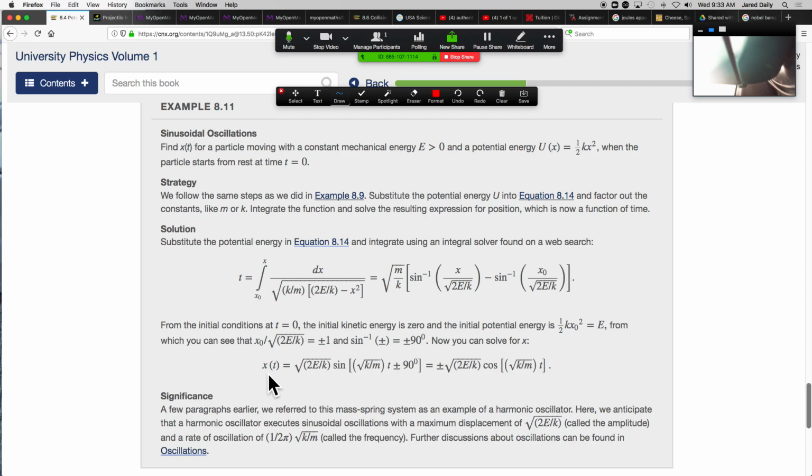They get the function x of t equals the square root of this constant, which is energy over the spring constant, and then the sine of the square root of the spring constant over the mass times time plus or minus this constant angle, 90 degrees. This is the solution for what we call a harmonic oscillator, something that we're going to deal with later in this book.